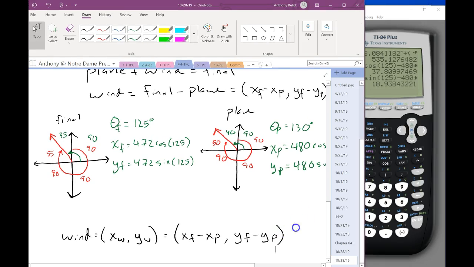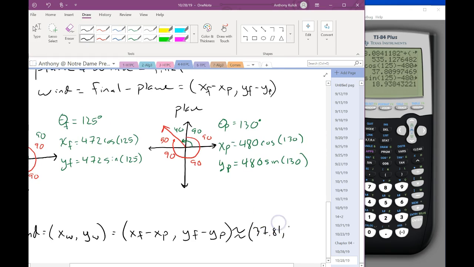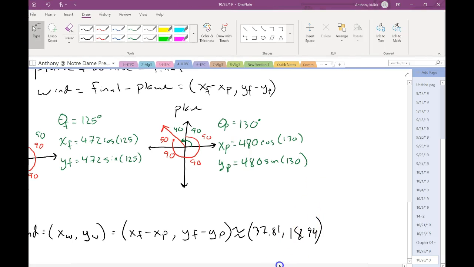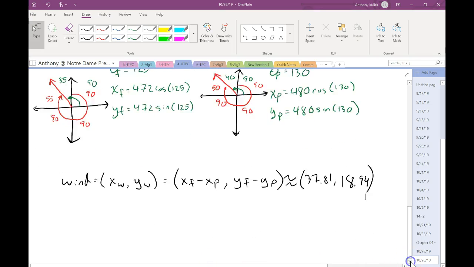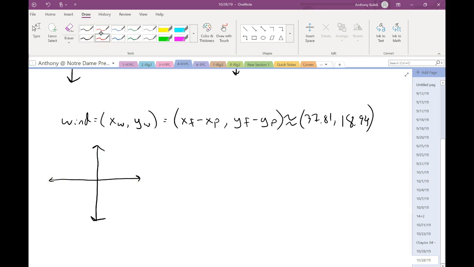So that's going to give me 37.81, comma 18.94. And now, just like before, I'm going to calculate the bearing the same way. I'll start by plotting that point.